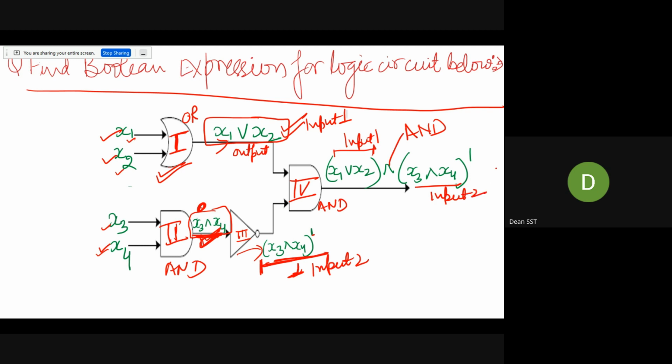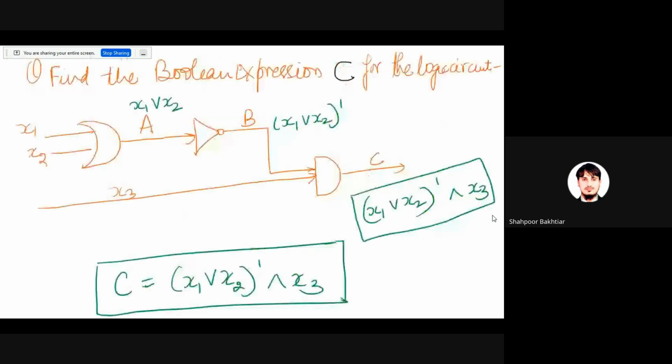Input 1 is X1 OR X2, and input 2 is X3 AND X4. We are performing the AND operation between them, so this is the output. Is it clear?